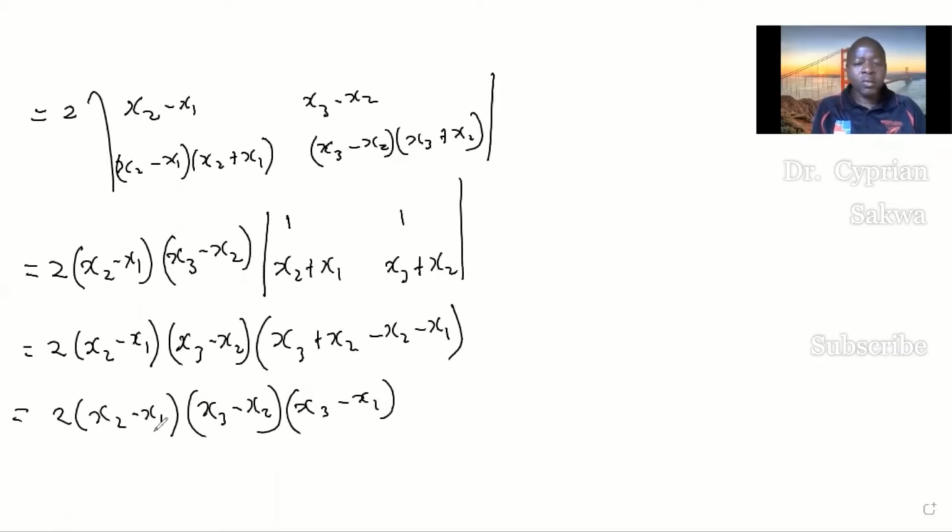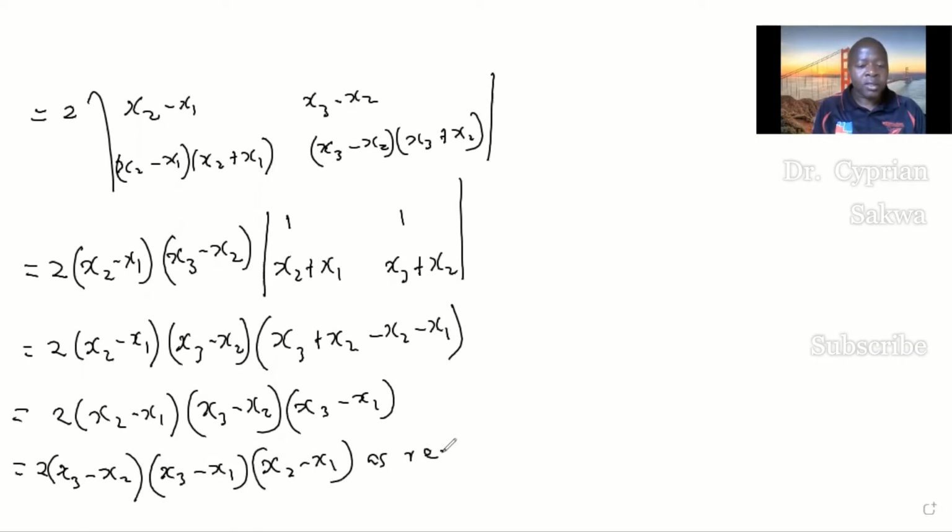And this is what we wanted to show. If you do some little arrangement, it doesn't matter which one begins. So if I were to rearrange, I would have x3 minus x2, x3 minus x1, and x2 minus x1, as required. So just some little arrangement.